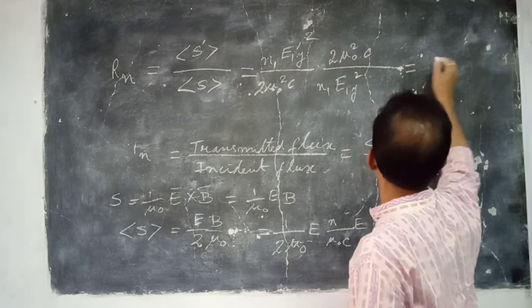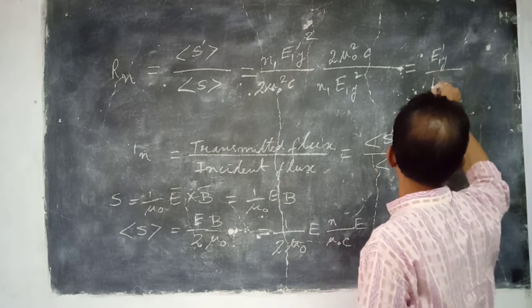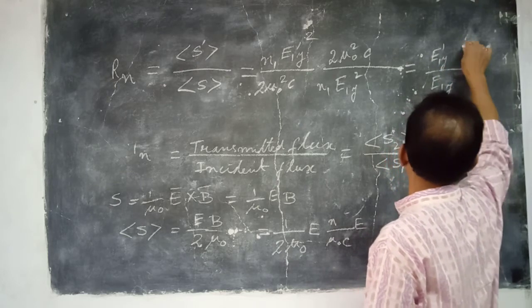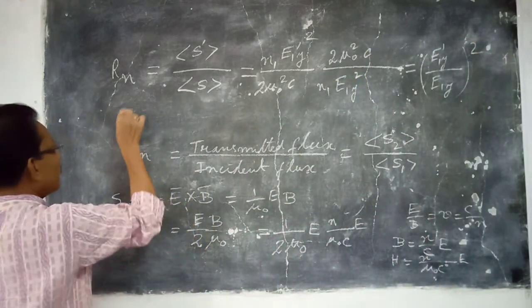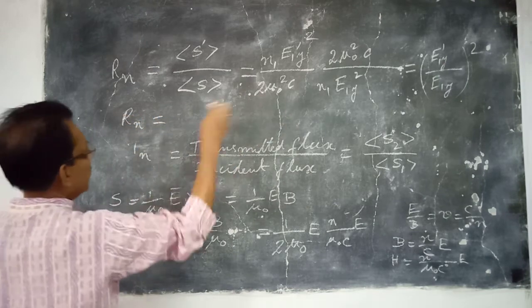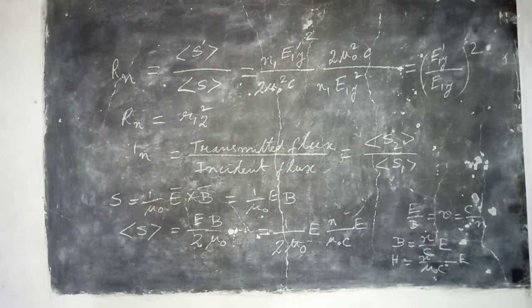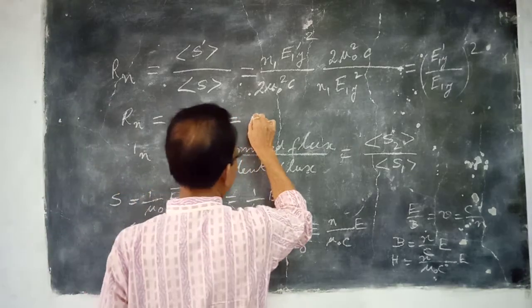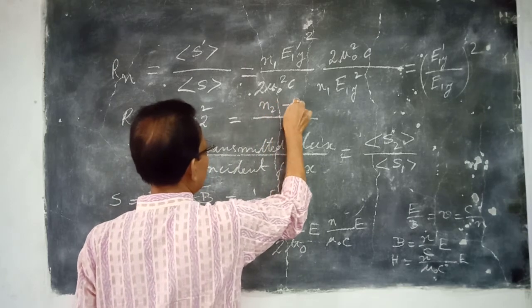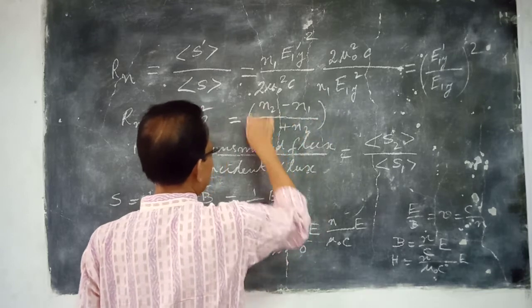So here you get E1y prime by E1y whole square. So Rn is equal to R12 square, because E1y prime by E1y is equal to R12. So R12 square, its value is (n2 minus n1) by (n1 plus n2) whole square.